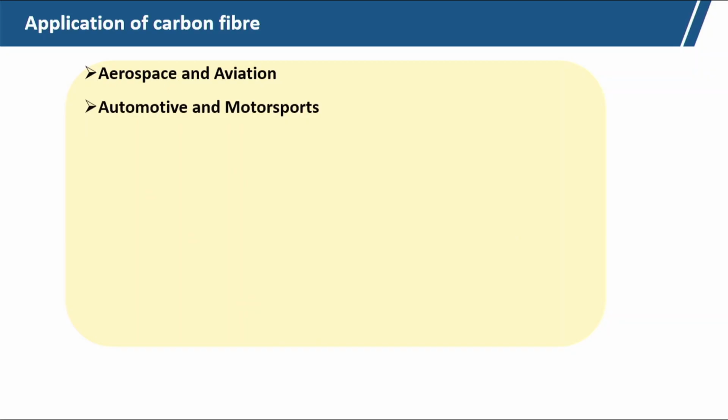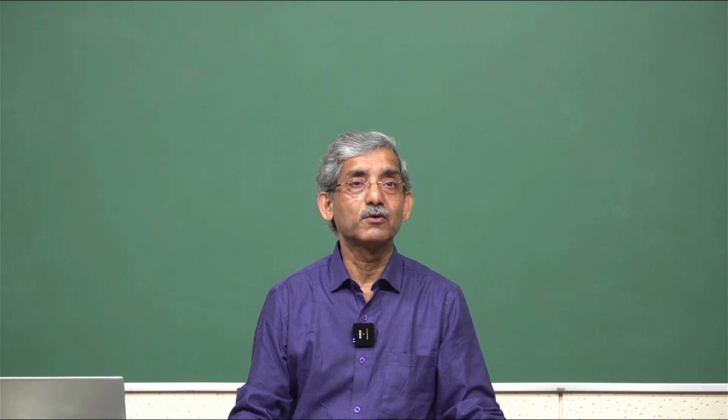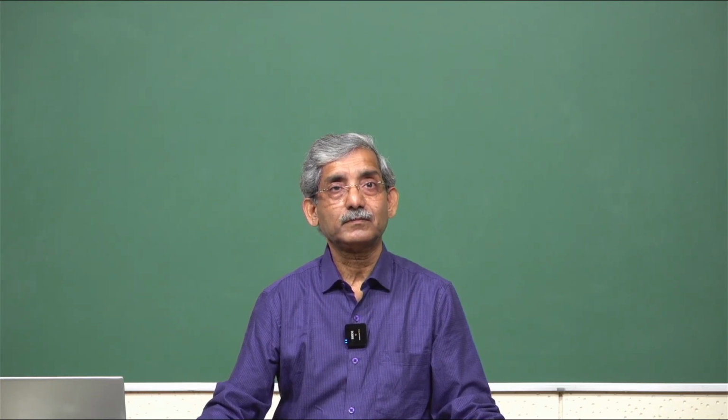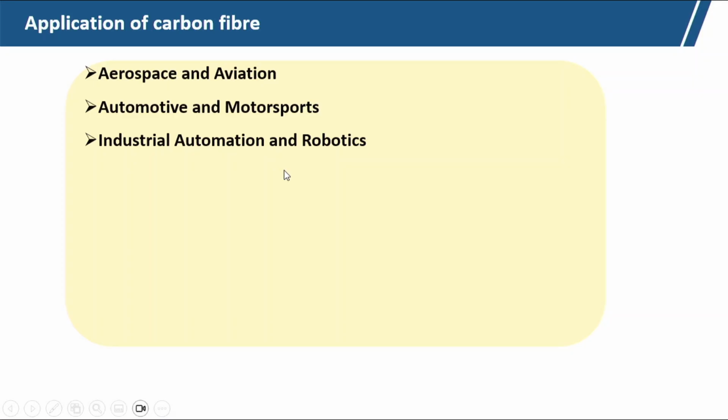Automotive and motor sports: carbon fibers are used as they are lightweight and highly strong, like for motor sports bikes. There the components are carbon fiber reinforced composites. Industrial automation and robotics, where we need high strength at lower mass.